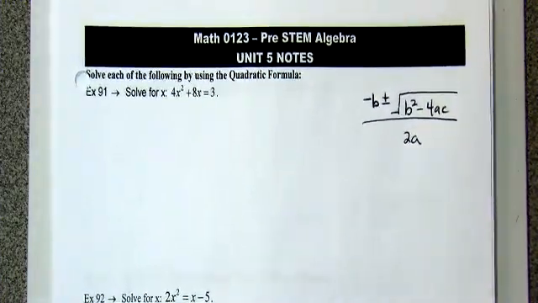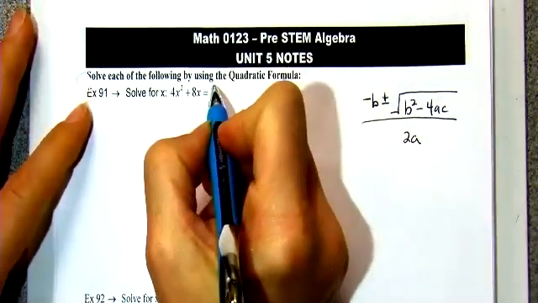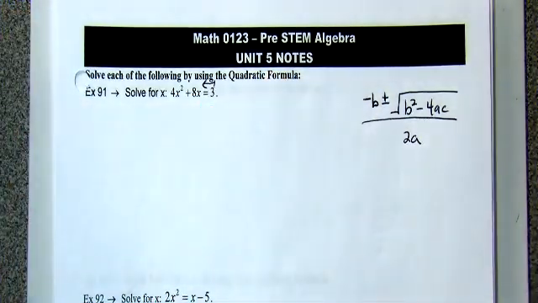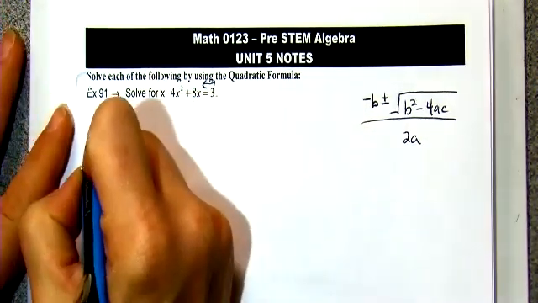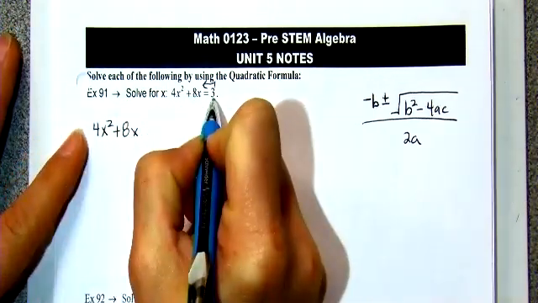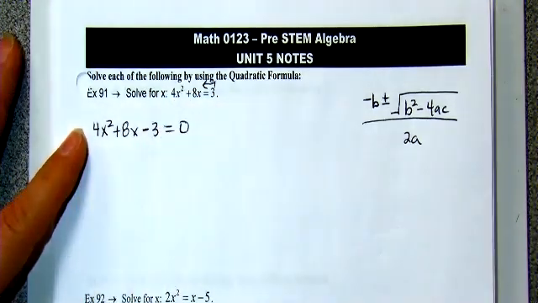So this number 91 is not in the correct form. We need to get everything on the left-hand side first. So just like when you were factoring, everything had to be on the same side. So you kind of have to know what's the starting point for this method. So we would have 4x squared plus 8x, and since it's a positive 3, you would be subtracting it, so it'd become a negative on that other side.